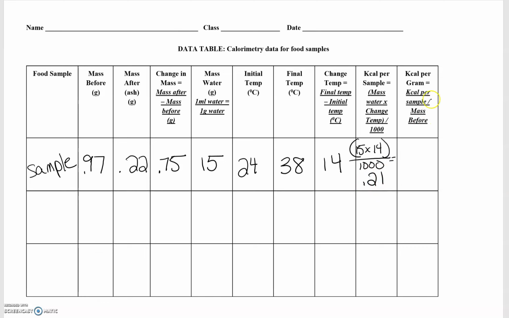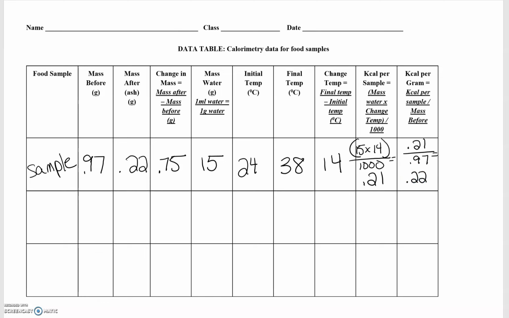Then we're going to take our 0.21 and divide it by the initial mass of our sample, which was 0.97. And when we divide that, we get a final answer of 0.216, which I'm going to round to 0.22.